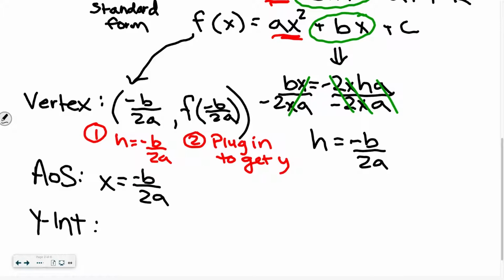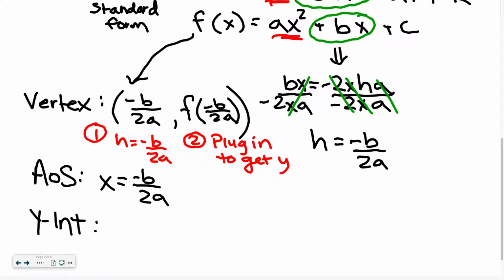The y-intercept is super easy to find in standard form. So the vertex is really easy to find in vertex form, h, k. In standard form, the y-intercept is there. What's true about all points on the y-axis, if you think about their x's and their y's?